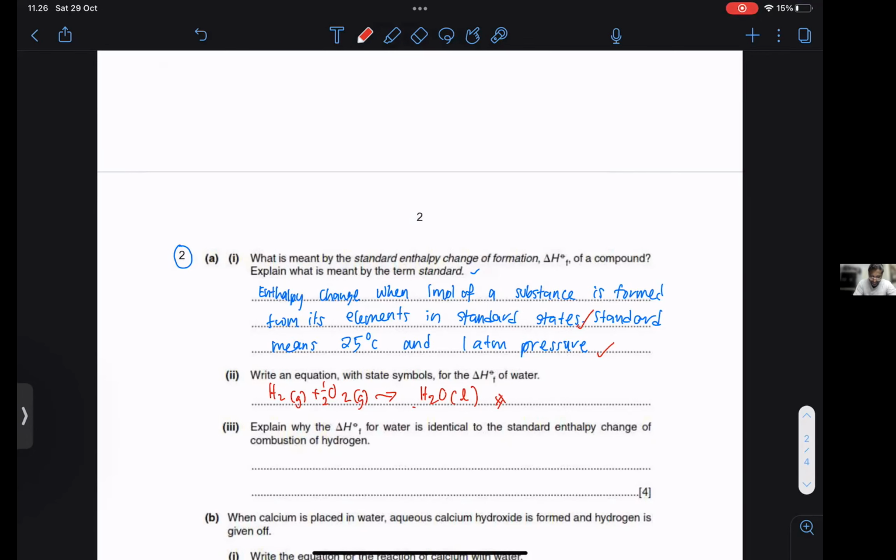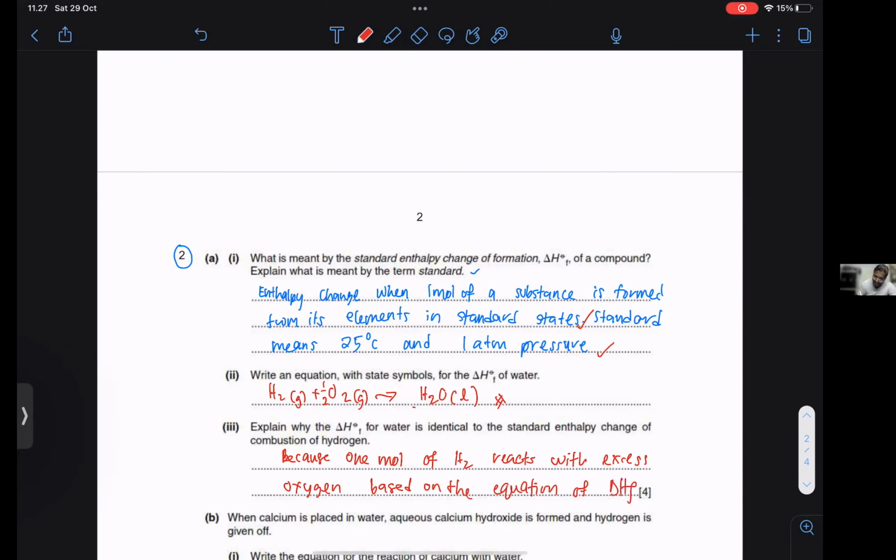Okay, explain why the enthalpy of formation of water is identical to the standard enthalpy change of combustion of hydrogen. Because 1 mole of H2 reacts with excess oxygen, based on the equation of enthalpy change of formation of water.